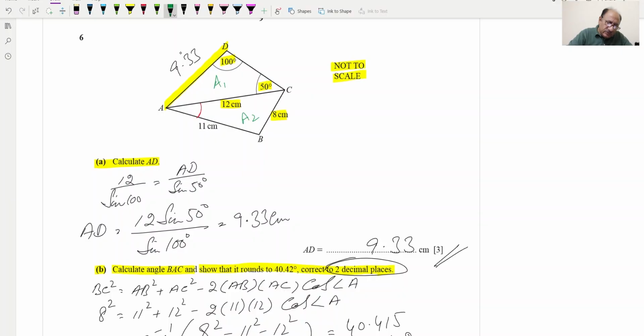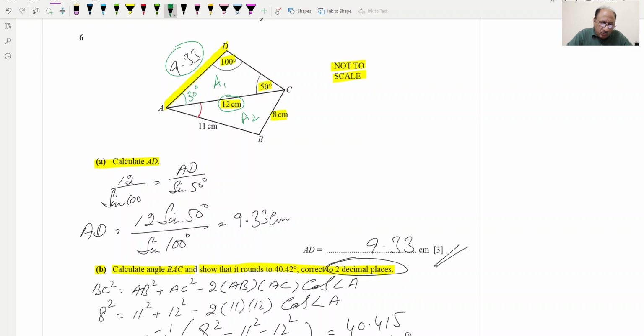We have this side, we have this side, and the third angle, this one we can find. We have 2 angles, so 100 plus 50 will be 150, and 180 minus 150 will be 30. So this angle is 30.